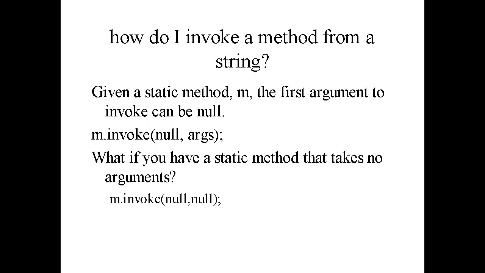So how do I invoke a method from a string? We'll be given a static method M, and the first argument to invoke can be null. M might be main, so we invoke it with null as an argument, and we could pass in args if you like. You could also have a static method that takes no arguments, so you could call m.invoke(null, null) and just pass in nothing.